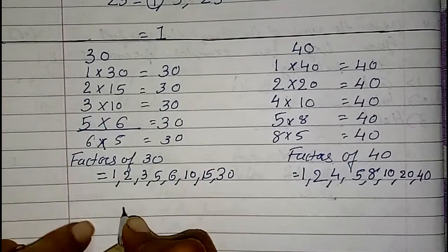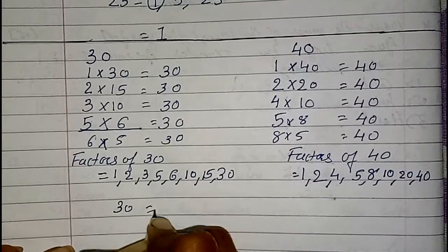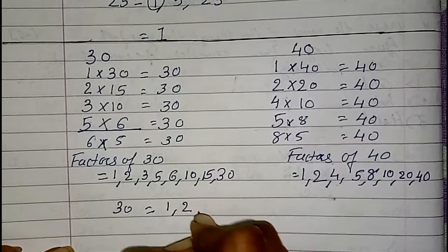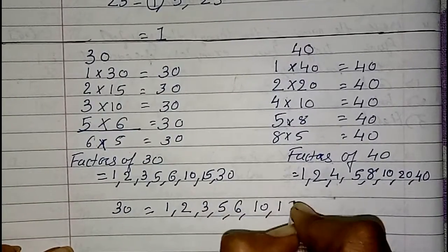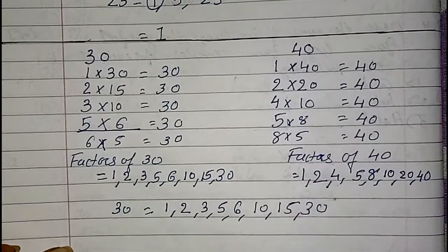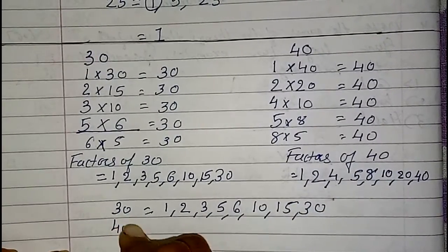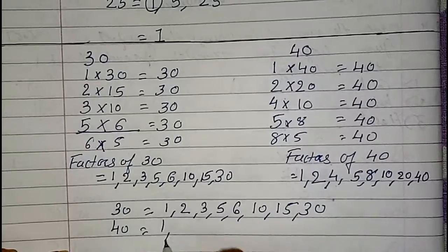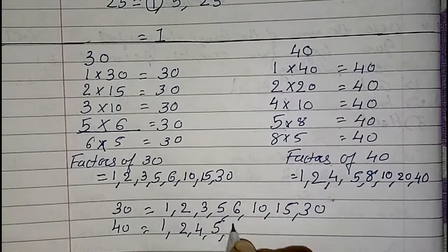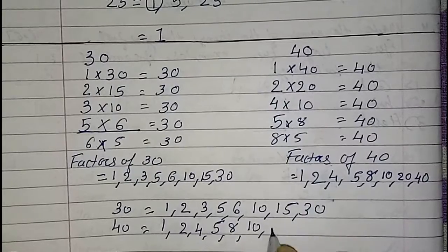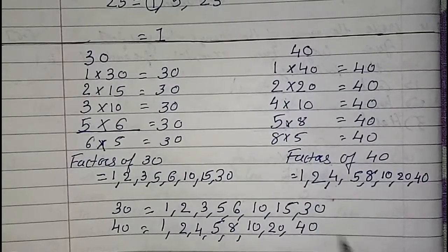So we will write here the factors of 30: 1, 2, 3, 5, 6, 10, 15 and 30. And the factors of 40: 1, 2, 4, 5, 8, 10, 20 and 40.